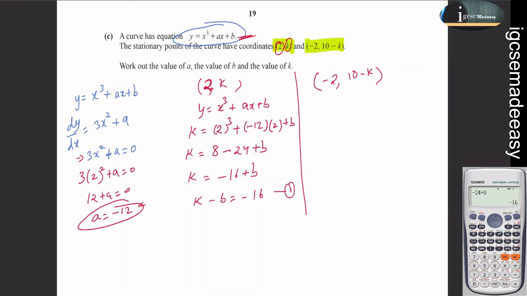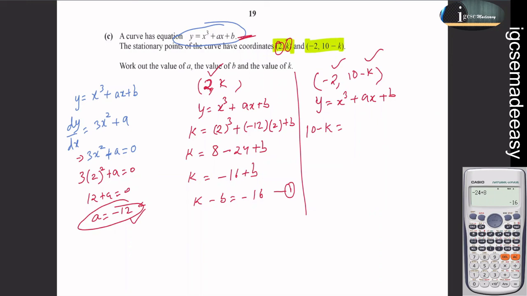Same way, we are going to use the equation y equals to x cube plus ax plus b, right? The a value we already got, and in this case we will be putting x as minus 2. Before that we put x as plus 2, in this case we will put x as minus 2 and y as 10 minus k.